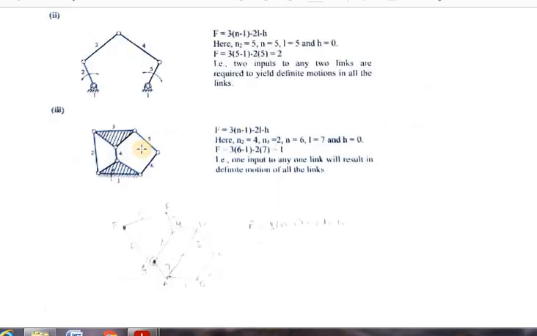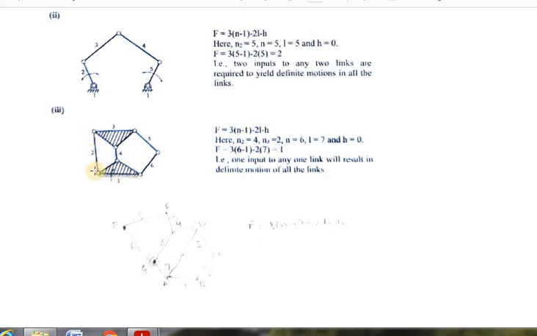Okay, let us consider one more example now. Let us take this mechanism. Here you can see link 1 is shaded with lines. It's a triangle, which is considered as one complete link. So this is link number 1, which is fixed.